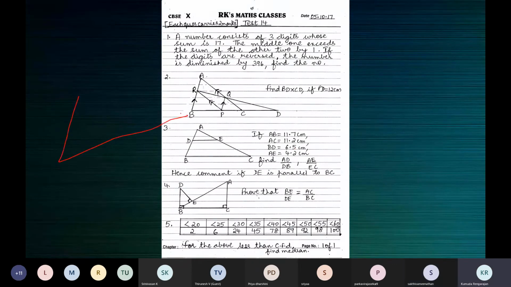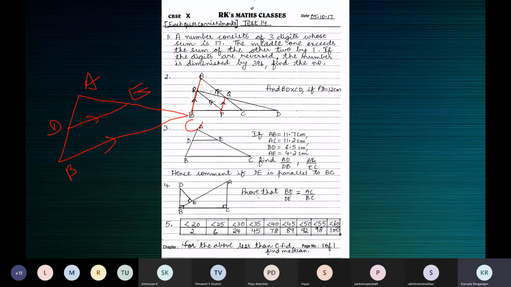If I identify the triangle, you must identify it like this. You must say triangle ABC in which DE is parallel to BC. When I say DE is parallel to BC, you must say the triangle is ABC. Similarly, QP is parallel to AB.